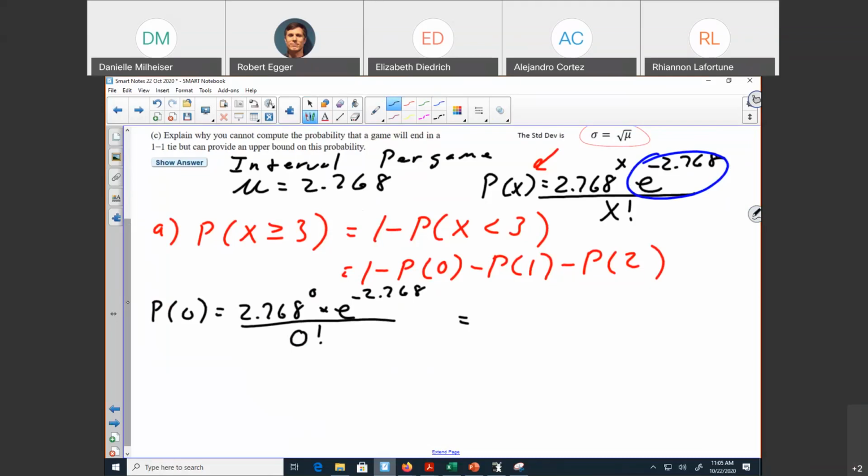And if you crank the numbers in the calculator, you get 0.06279.